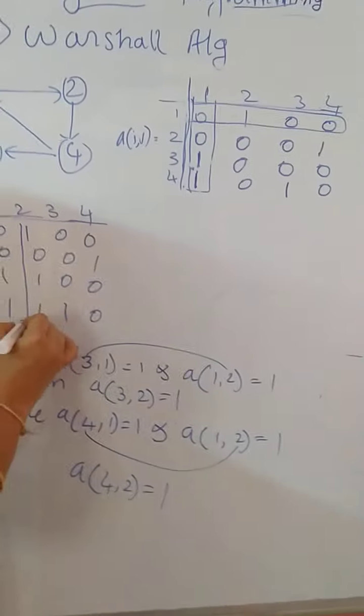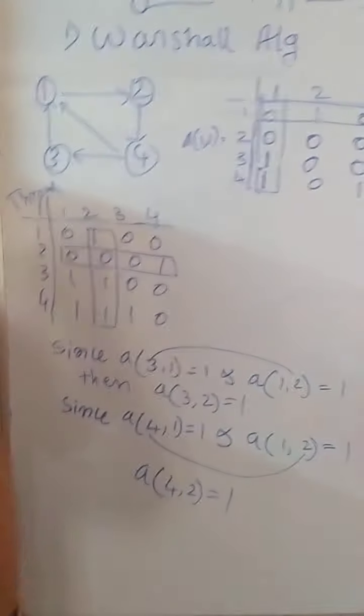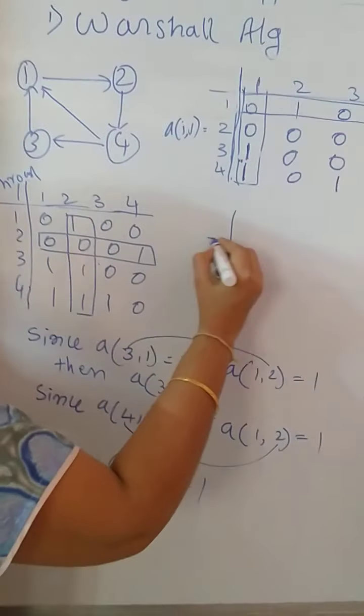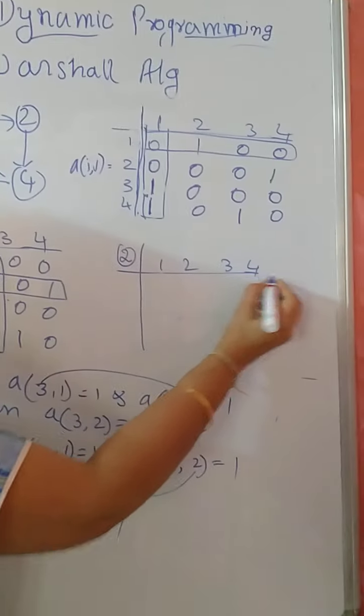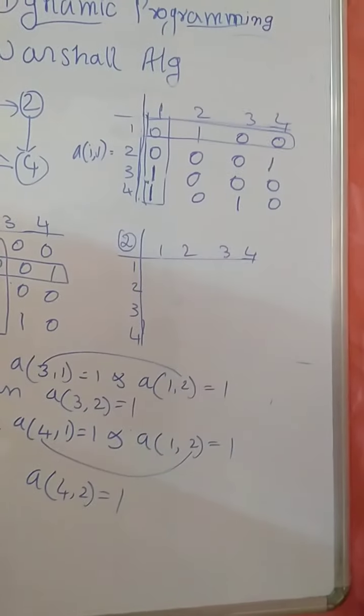Next I consider the second row and second column. Through 2.